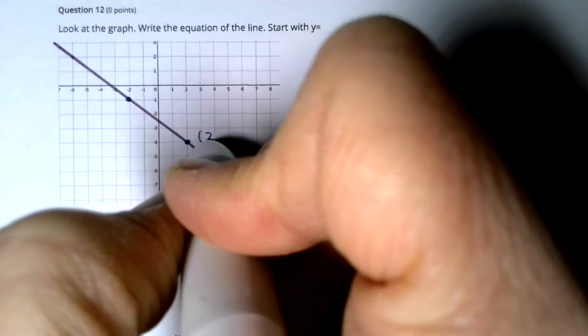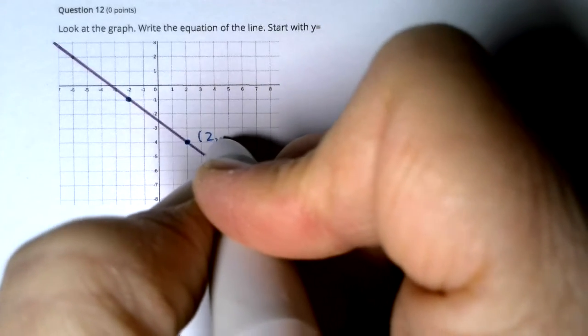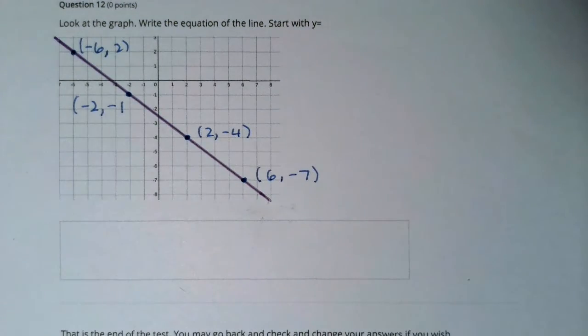This point right here is 2, -4. And this point over here is -2, -1. And we actually have one more up here I can label, which is -6, 2. So these are all points along my line.